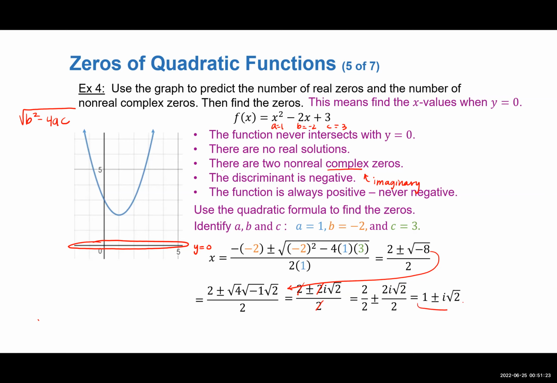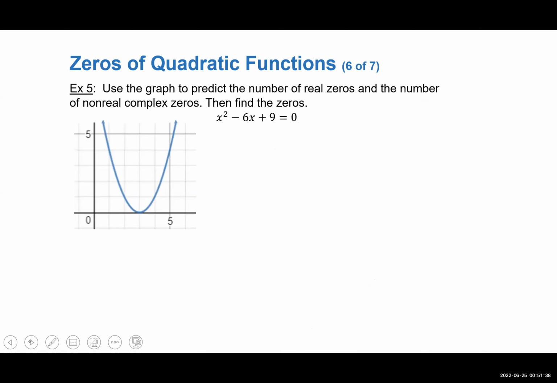And you can see that because you can divide everything by 2, and 2 divided by 2 is 1. Okay. So there are 2 non-real zeros, and there they are.